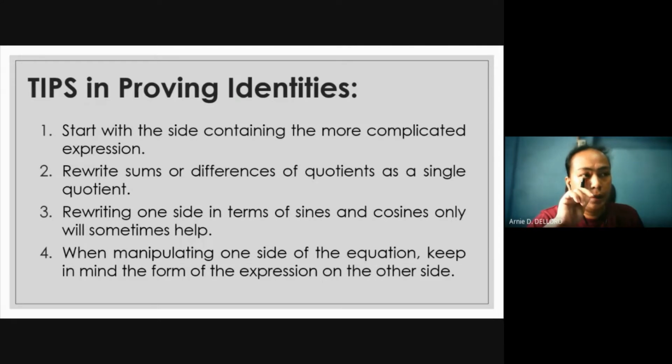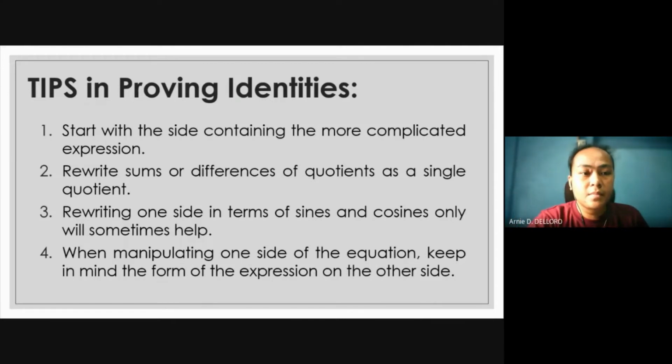Also, in proving other trigonometric identities, always bear in mind that you are not handling them as equations. Okay? So, do not operate the identities as equations. Ano po? Huwag yung, kung halimbawa may addition, i-add nyo, hindi nyo yan ma-add. Say, for example, you have sine theta plus tangent theta. So, hindi nyo siya ma-add.